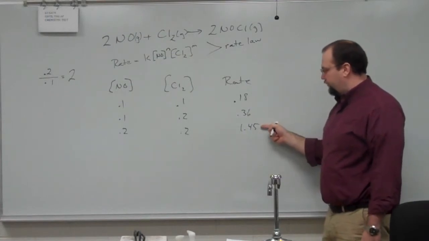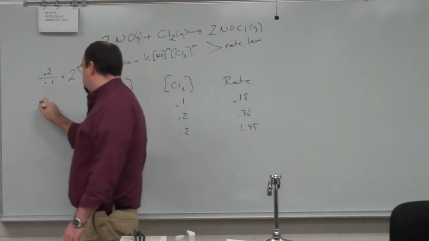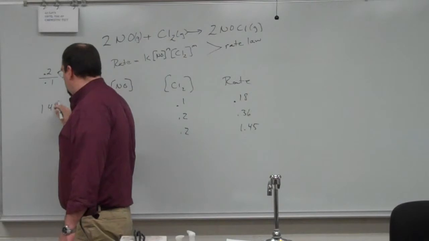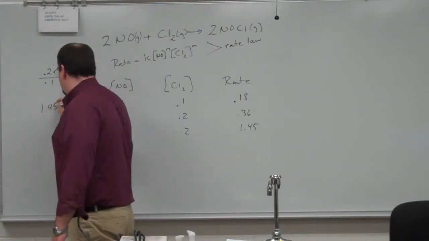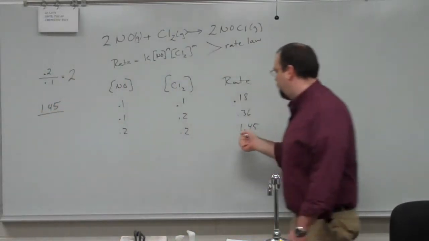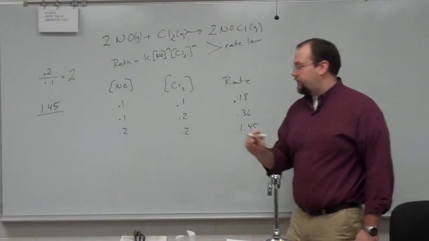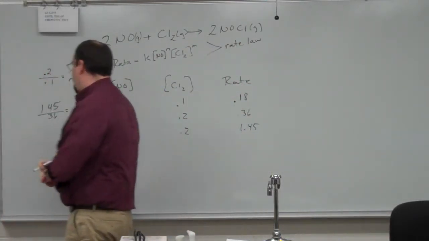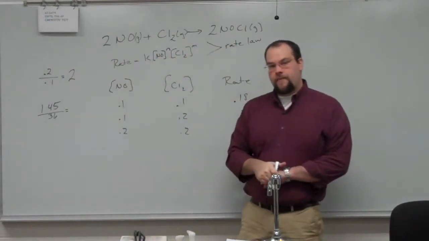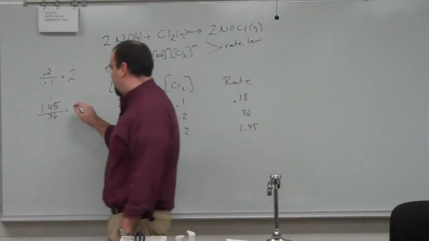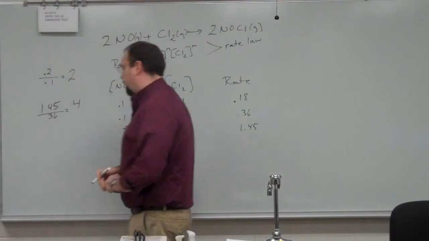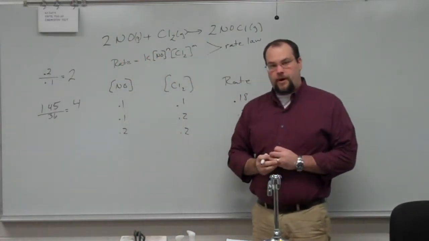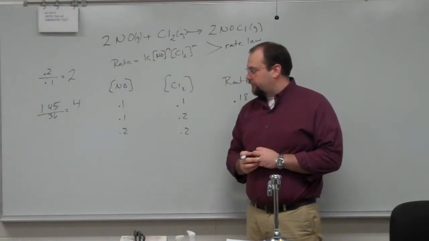The rate in trial 3 was 1.45, and the rate in trial 2 was 0.36. If I divide those 2 numbers, I'm going to see that that's pretty much a quadrupling of the rate.